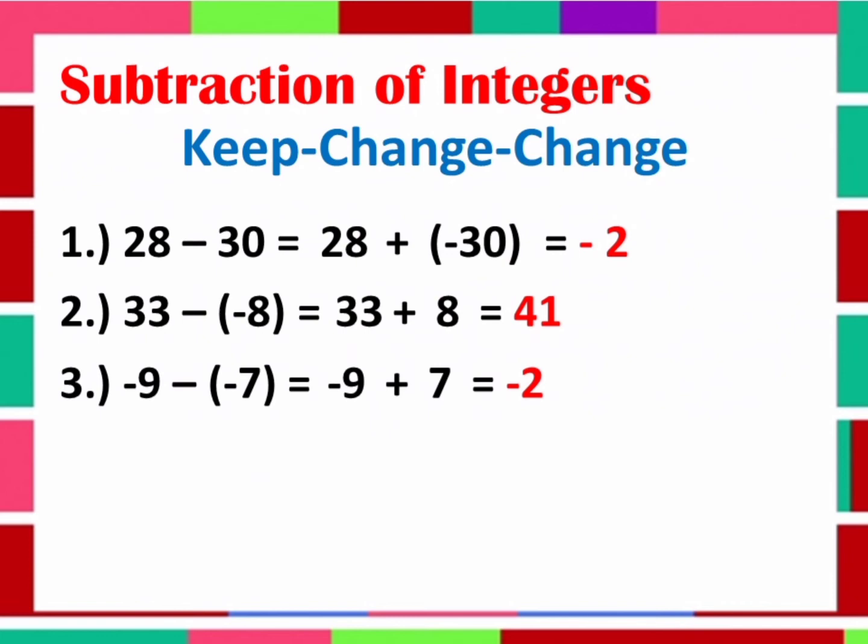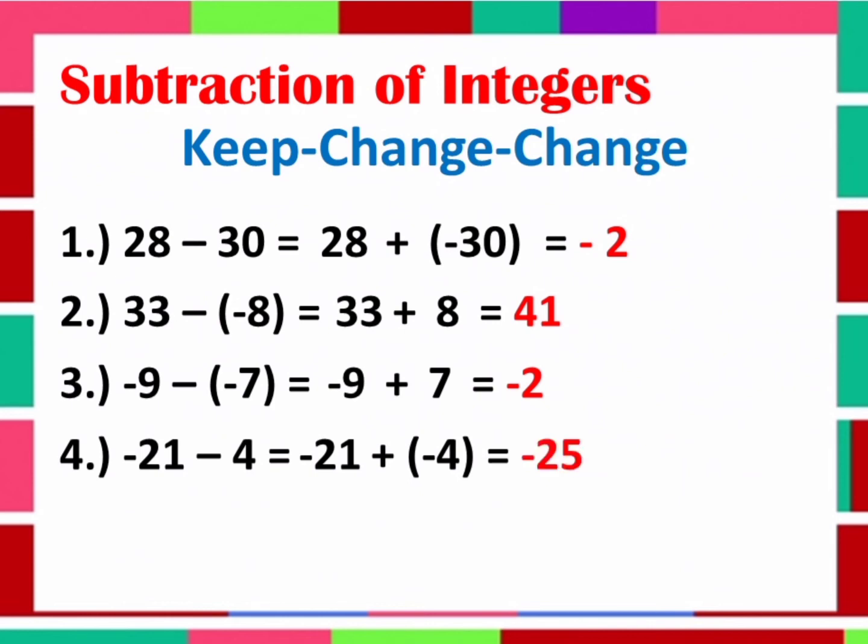Okay, number 4. Negative 21 minus 4. Again, keep negative 21. Change minus to plus. And change positive 4 to negative 4. And they are like sign. So, add. Negative 21 plus negative 4 is equal to negative 25.